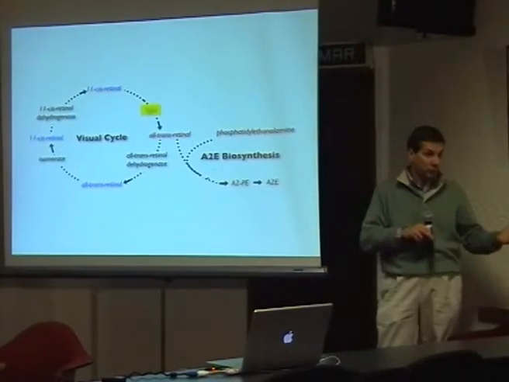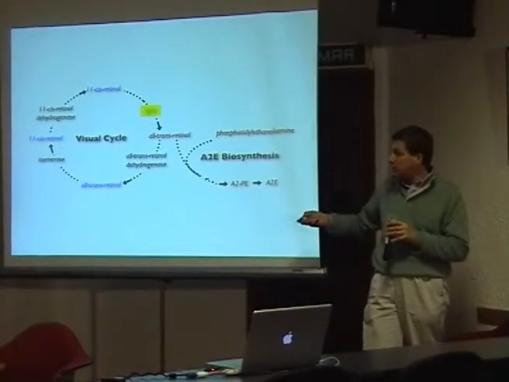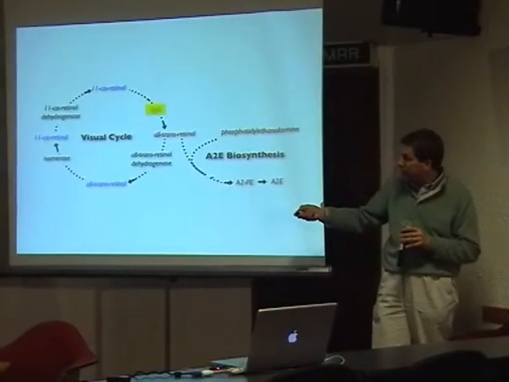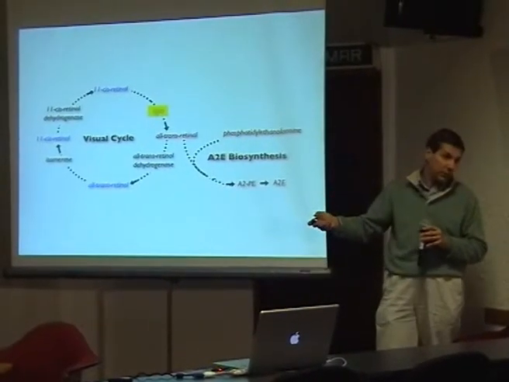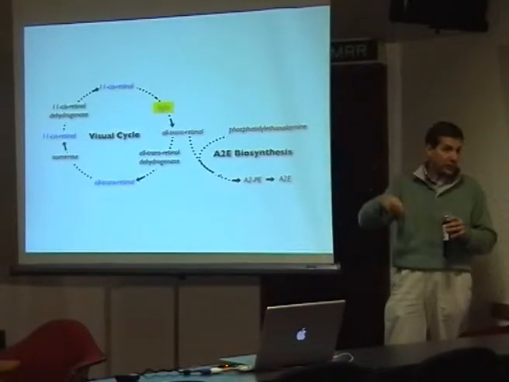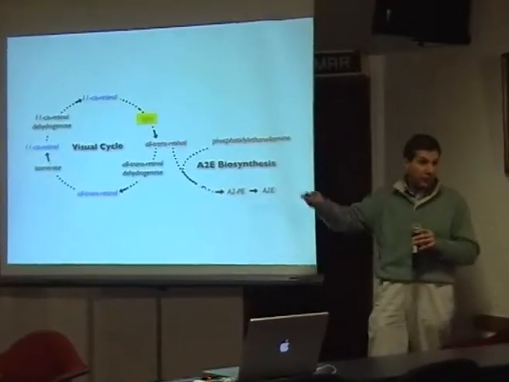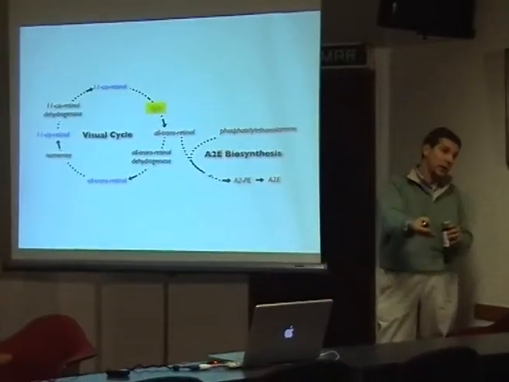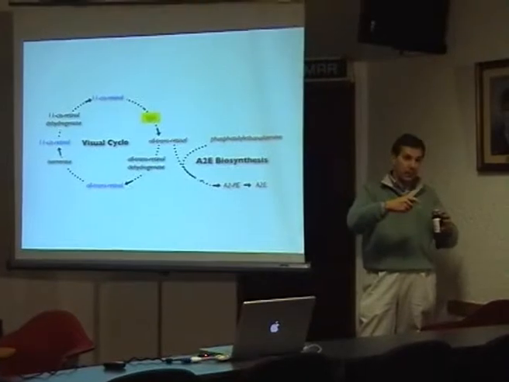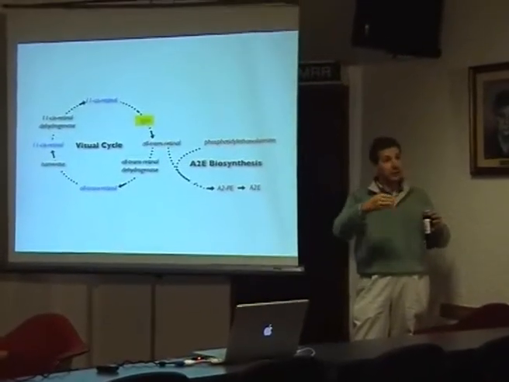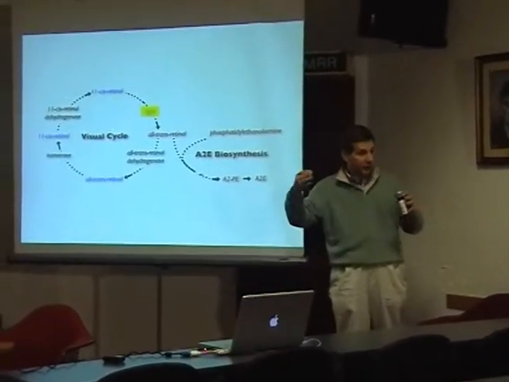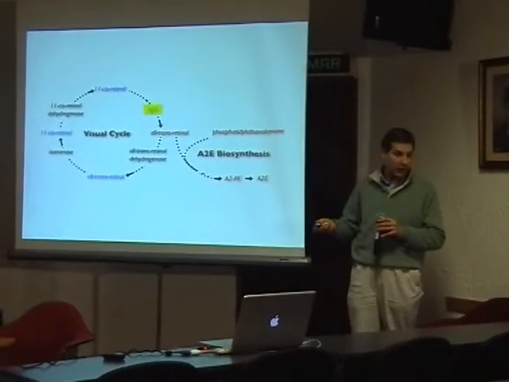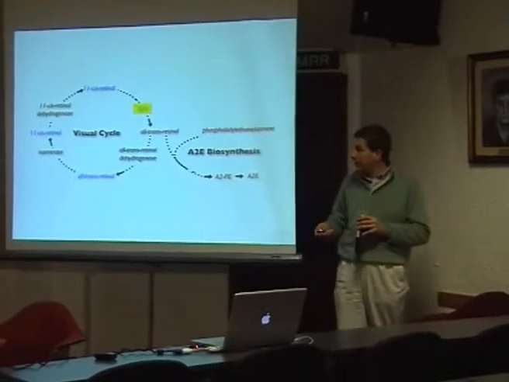So what can you do? First of all, don't give vitamin A. Vitamin A is a precursor of retinol. So if you increase the visual cycle, you increase the production of A2E, and you can increase the accumulation of lipofuscin and the death of cells, so the atrophy can increase. And in fact there are two drugs that are under trial right now.